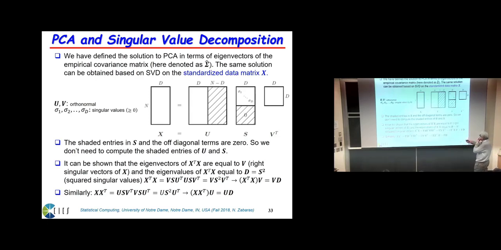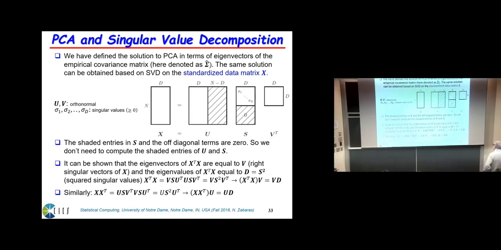A few facts: if you accept this decomposition, which is correct and which you can compute for the data matrix X with one line of programming, you can do the following. Form X transpose X and substitute this decomposition for X, using the fact that U and V transpose are orthogonal matrices. Remember, for an orthogonal matrix, U transpose U equals the identity by definition.